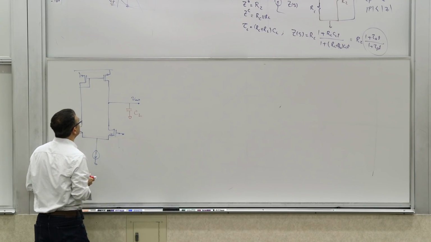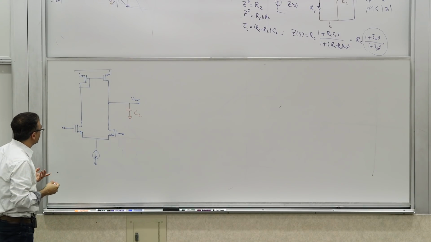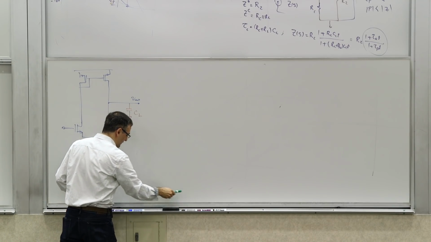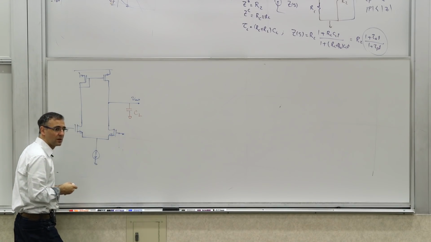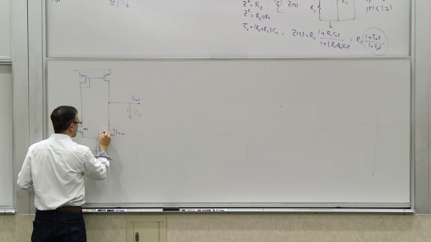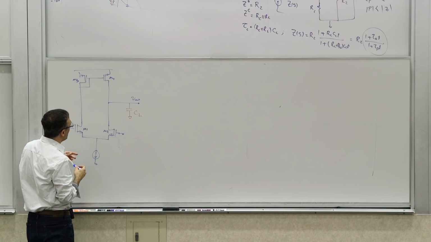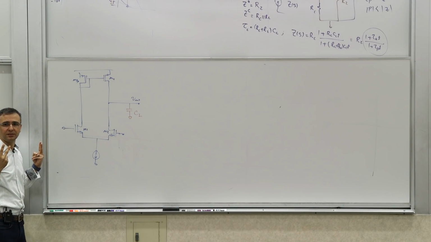Now, what is the gain of this amplifier? We did calculate this before, right? If you call these M1, M2, M3, and M4, we saw that there are really two signal paths here.